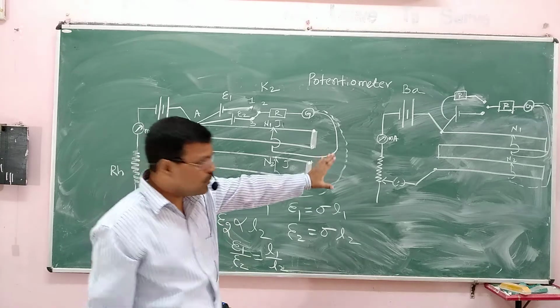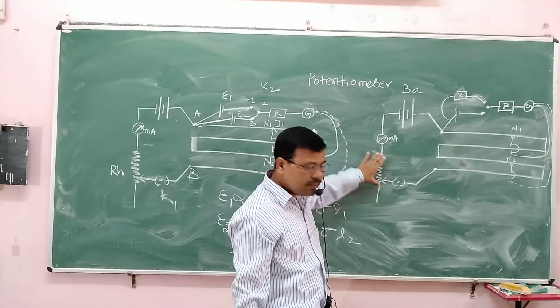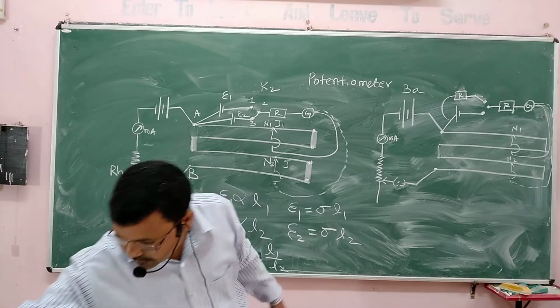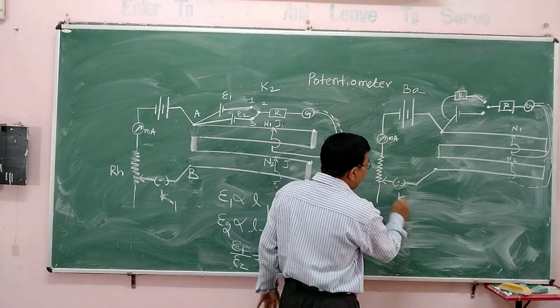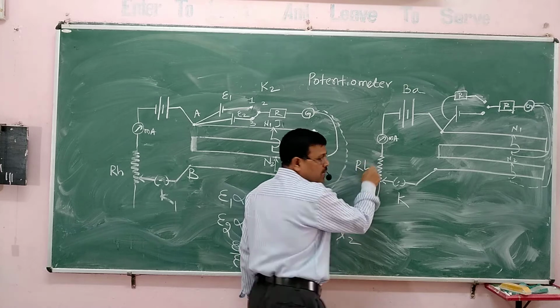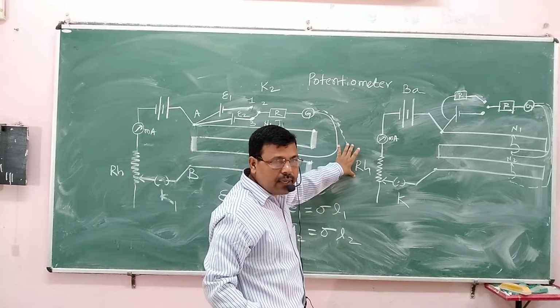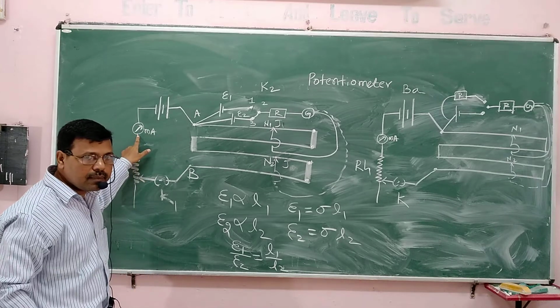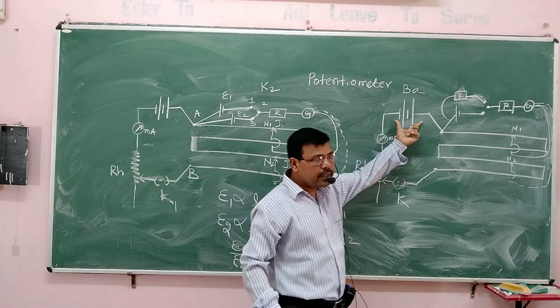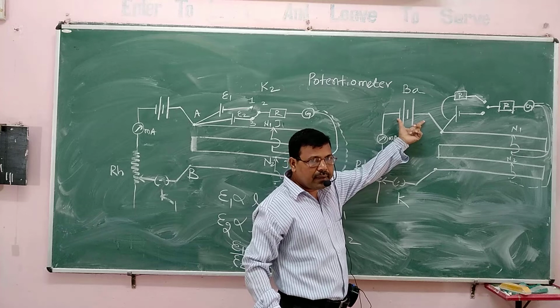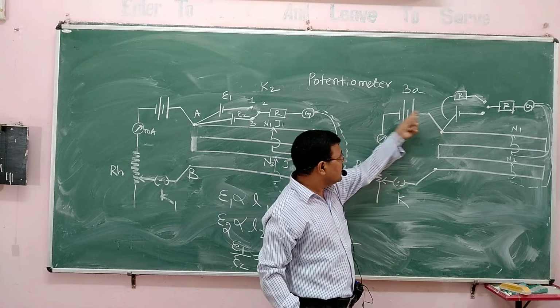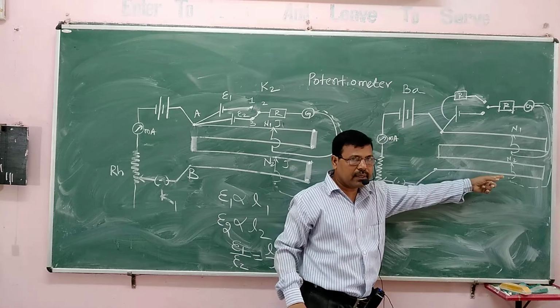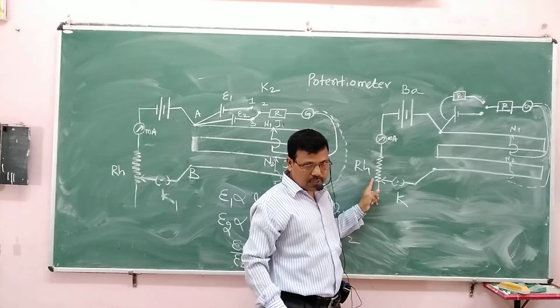The same circuit, rheostat, K1, and this is a rheostat. It is a potential divider. There is a milliammeter. Here also there is a milliammeter. There is a battery. From this battery, we adjust the constant flow of current using this rheostat.